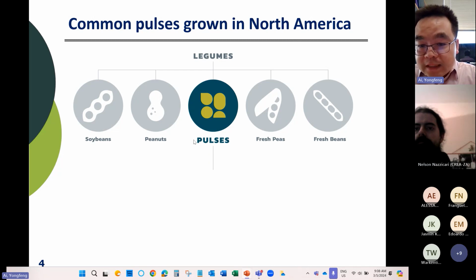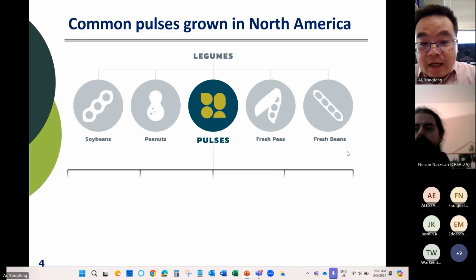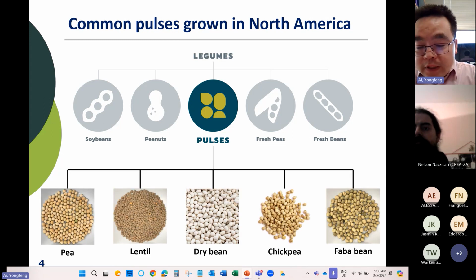Also, pulses are different from fresh peas and fresh beans, which, according to what I learned from Dr. Workington, are usually considered vegetables. In North America, including Canada and the States, the pulses we grow mainly include pea, lentil, dry bean, chickpea, and faba bean.